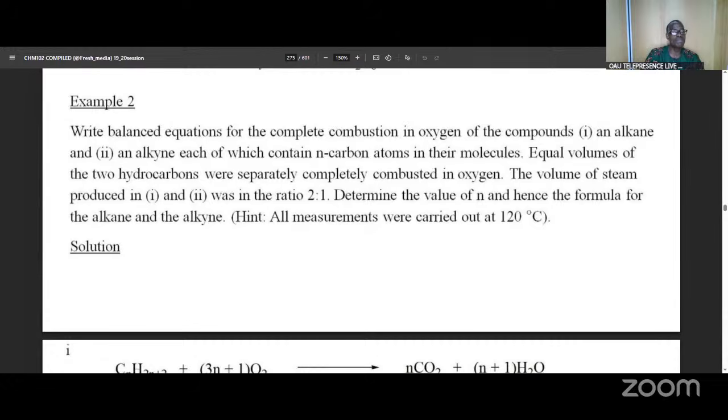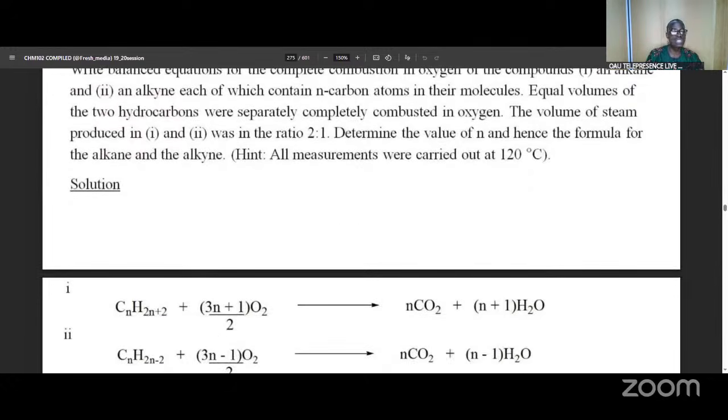The volume of steam produced in 1, that is with the alkane, and 2, with the alkyne, was in the ratio 2:1. Then we are to determine the value of n, hence the formula for the alkane and the alkyne. We are also given hints that all measurements were carried out at 120 degrees Celsius.